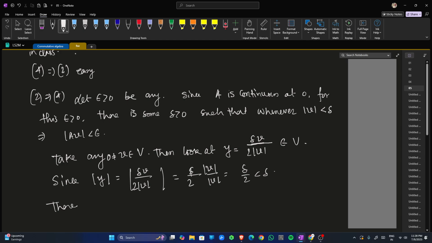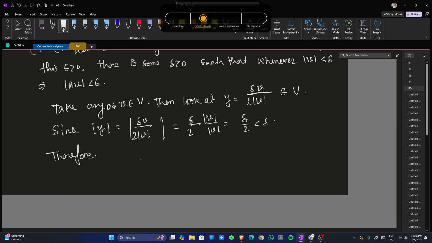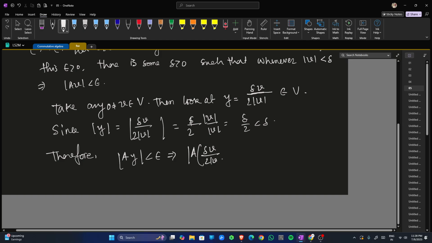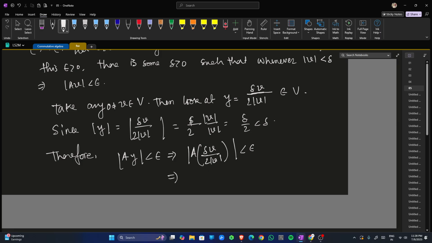Therefore, norm of Ay is less than epsilon. What is y? y is delta v by 2 norm v. This is less than epsilon. Using linearity of A, delta comes out, 2 comes out, norm v comes out, Av remains, less than epsilon.